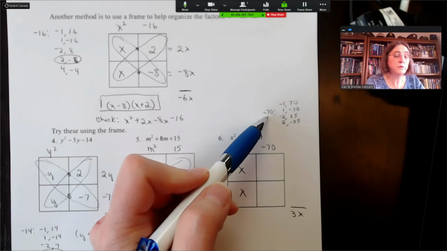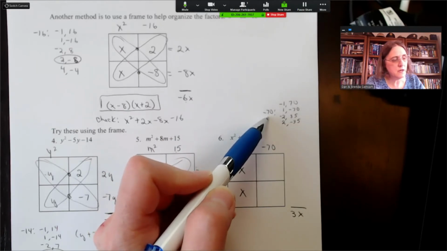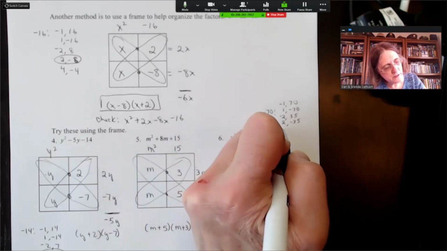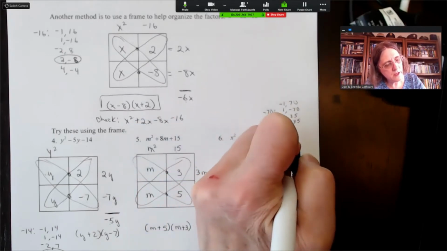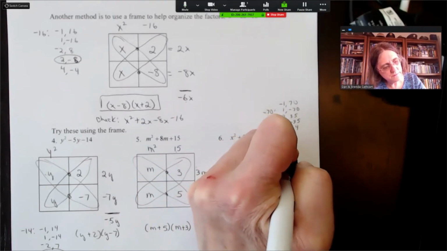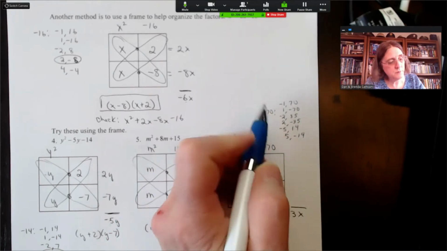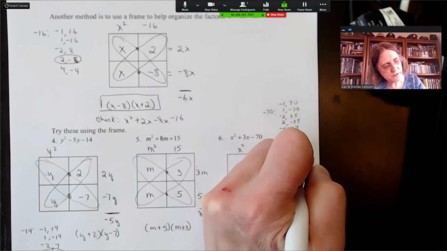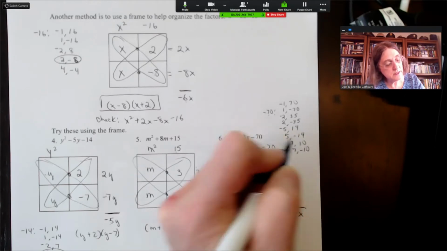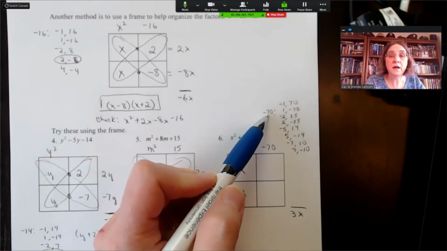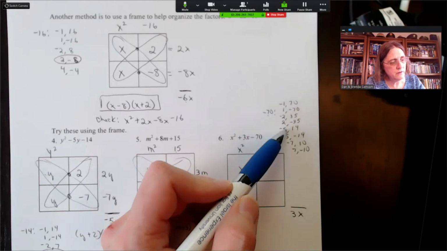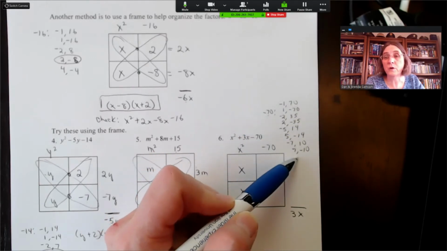As we go through, 3 does not divide it, 4 does not divide it, but 5 does, so we have negative 5 and 14. 6 doesn't divide it, but 7 does, so we have negative 7 and 10, and 7 and negative 10. 8 and 9 don't. So here's our whole list of ways to multiply to get negative 70.